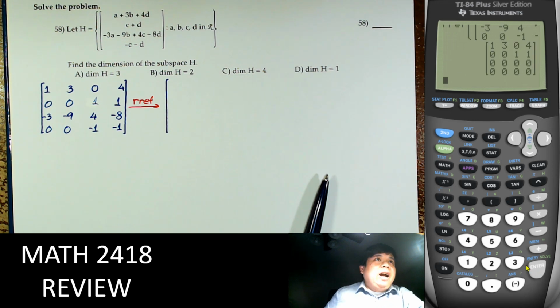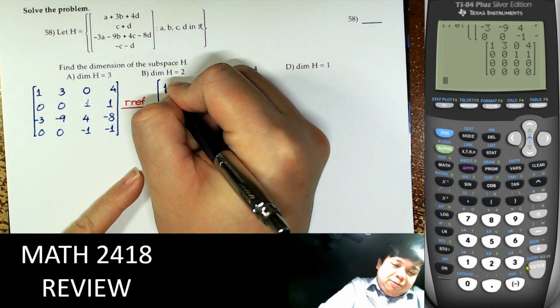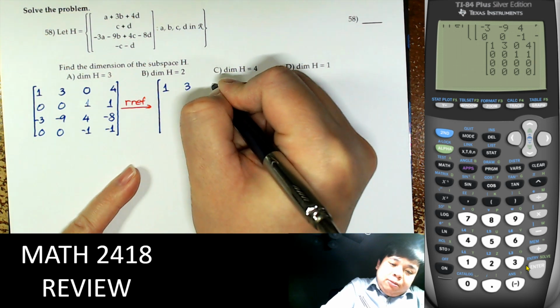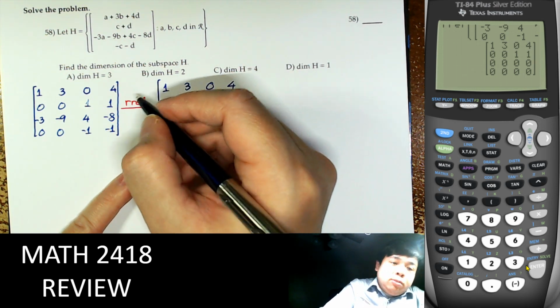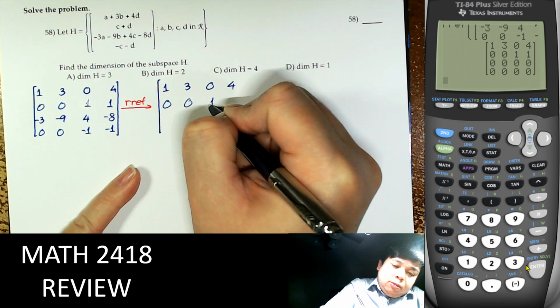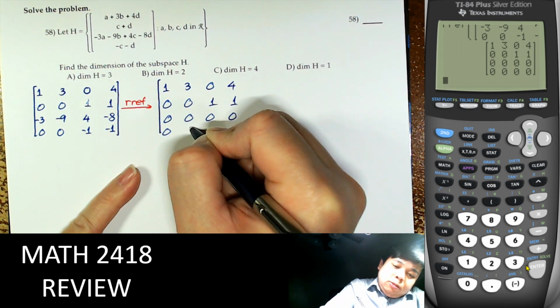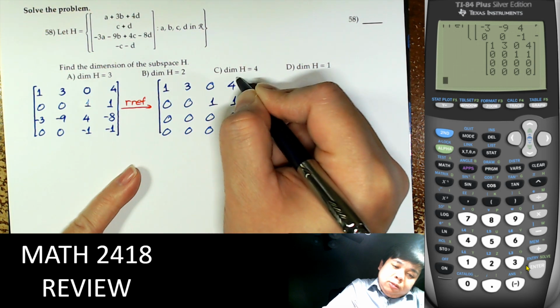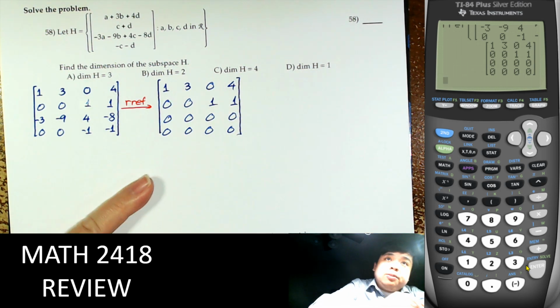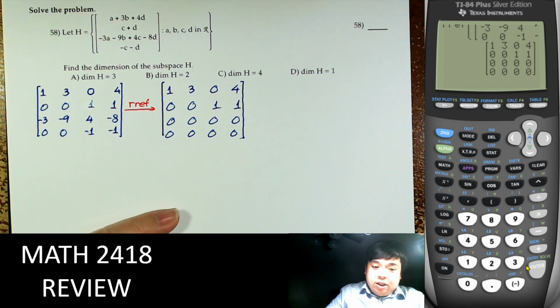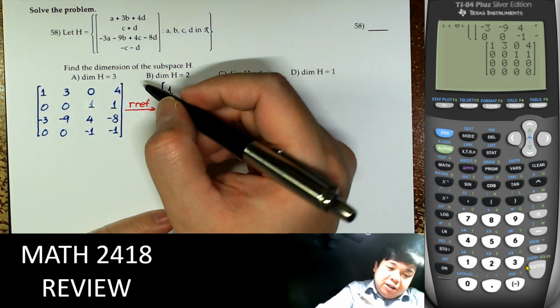So when we do this, we see that there's only two pivots.